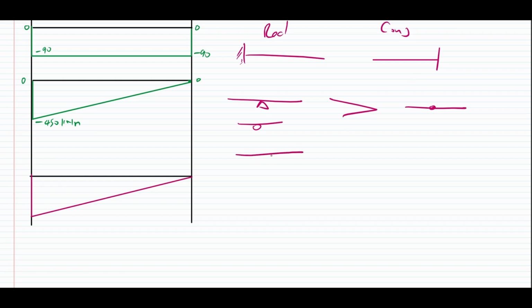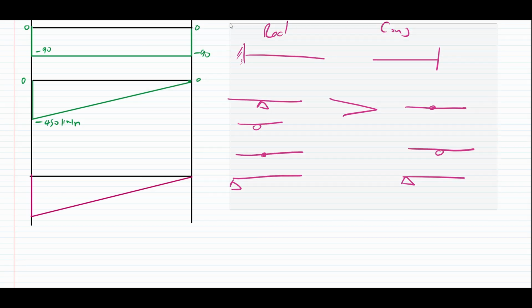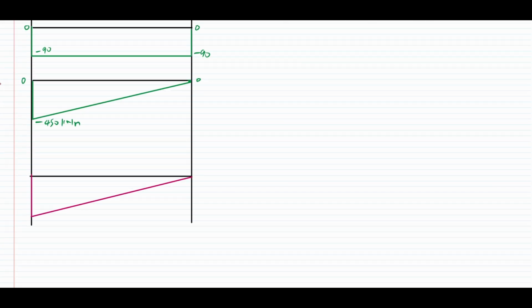And when you're given a hinge in your real beam, it's going to change into a roller in your conjugate beam. Your simply supported stays the same.